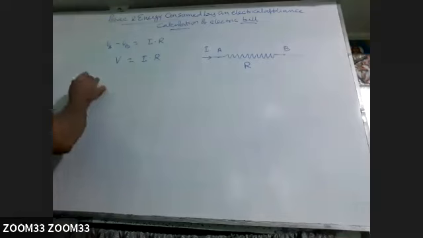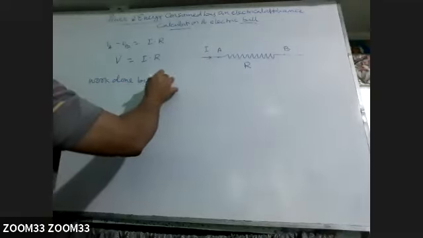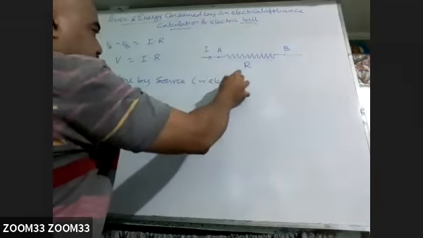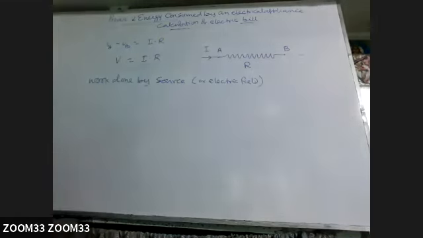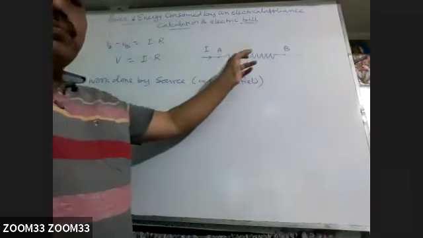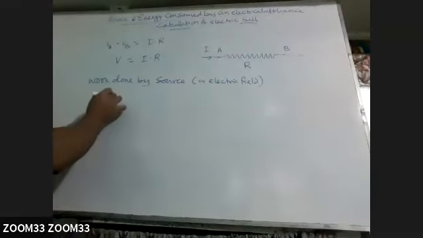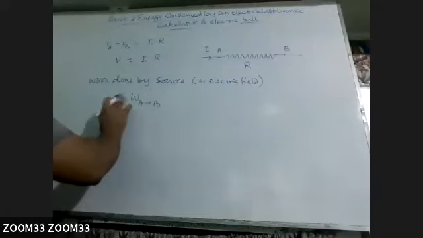Now this work done by source or electric field. What was that formula? If we move charge dq from A to B, what will be the work done from A to B?